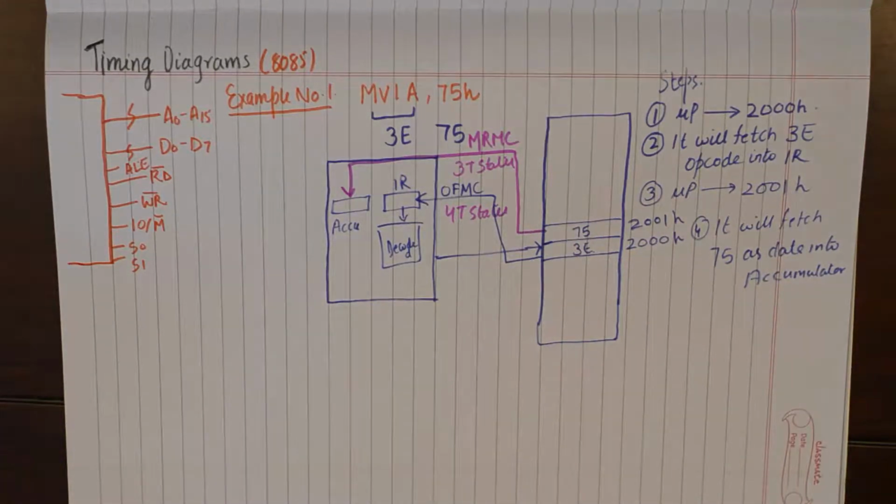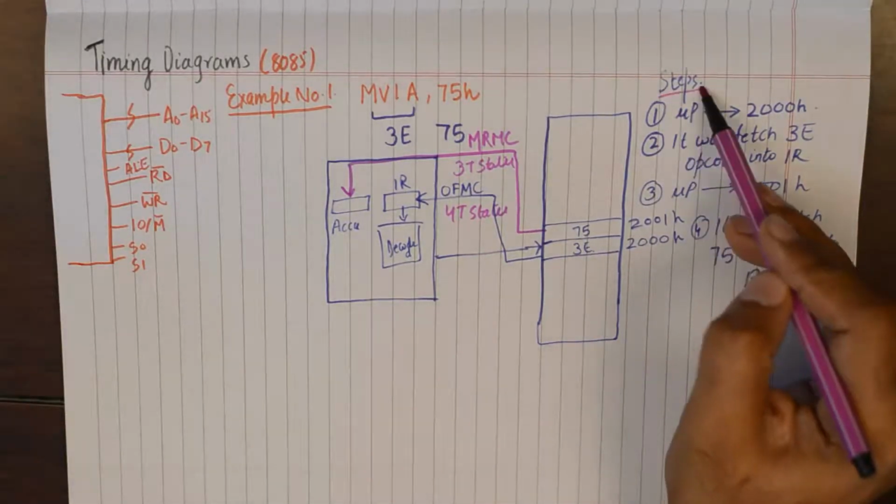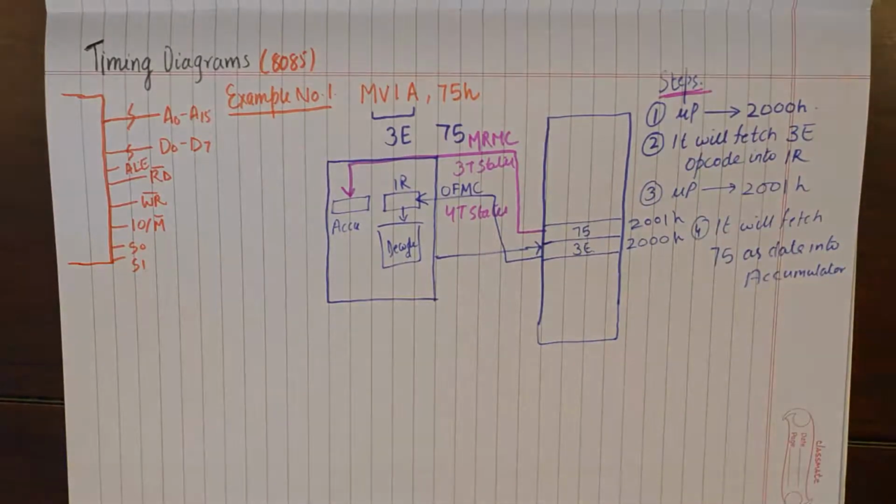So even before we try to attempt to draw the timing diagram, it is of paramount importance to understand the steps which a microprocessor is taking to execute the instruction.